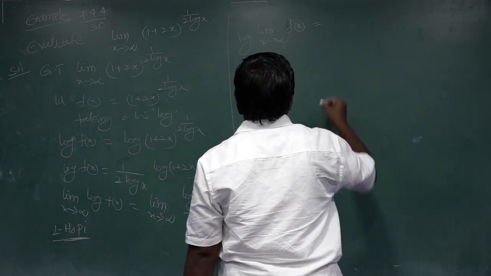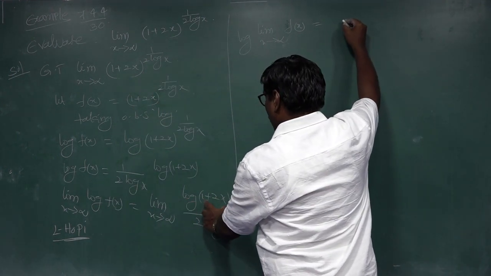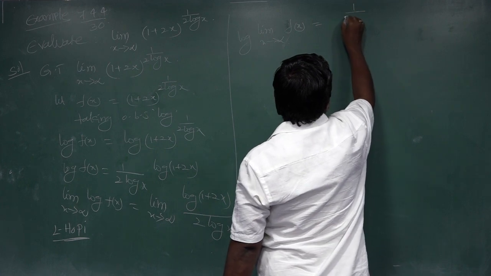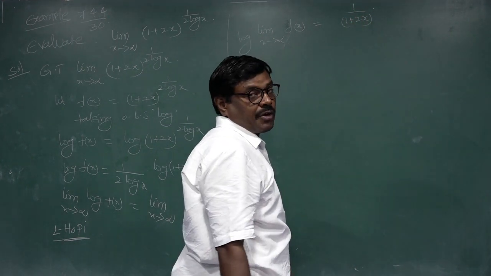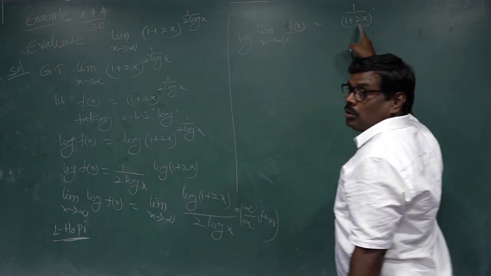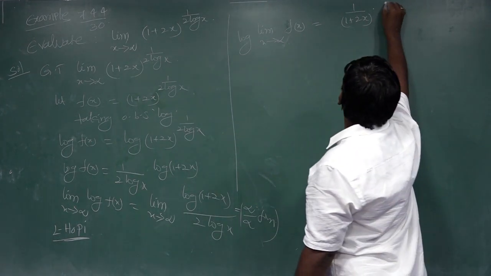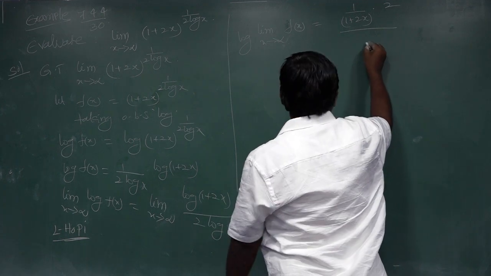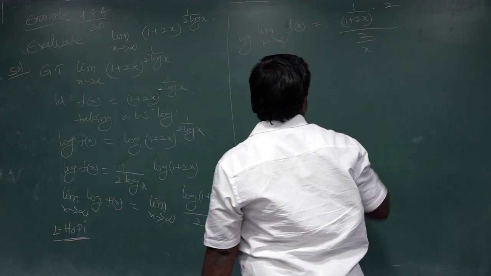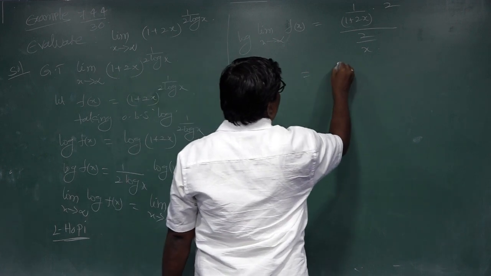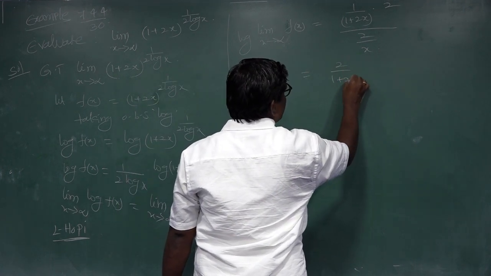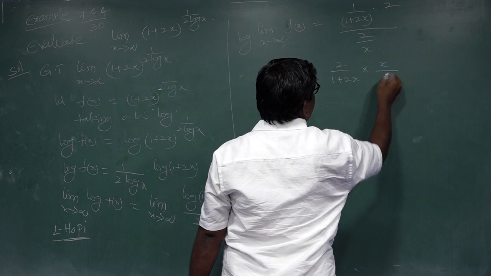The derivative of log x is 1 by x. The derivative of log of 1 plus 2x is 1 by 1 plus 2x times the inner derivative: the derivative of 1 is 0, and of 2x is 2. So we get 2 by 1 plus 2x into x by 2.